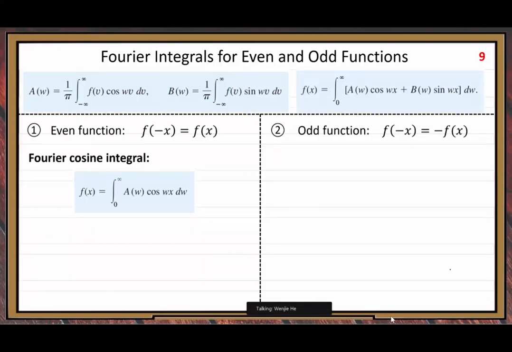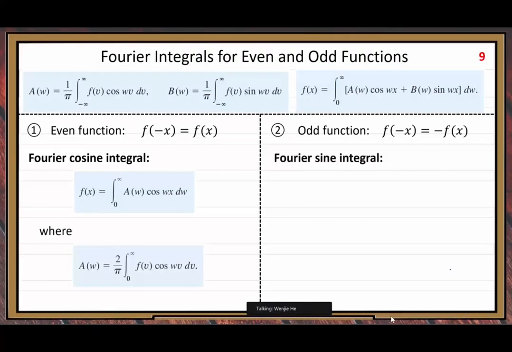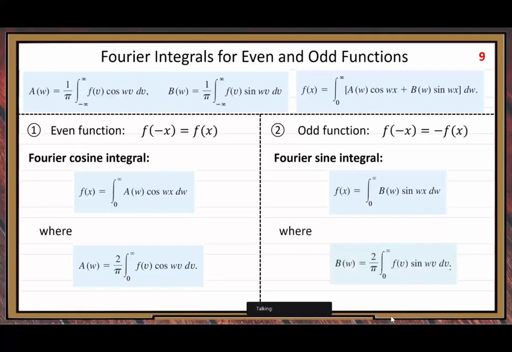For the Fourier sine integral, you need to make sure you apply it on an odd function. Otherwise, it's a wrong application. Make sure the function is right. Then you have a sine component this time. Just two special cases.